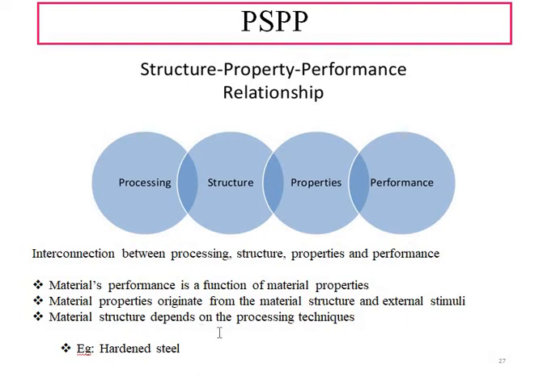If you take hardened steel, its performance purely depends on its properties. The properties depend on the internal molecular structure or arrangements, and the structure in turn depends on the process by which it is manufactured.